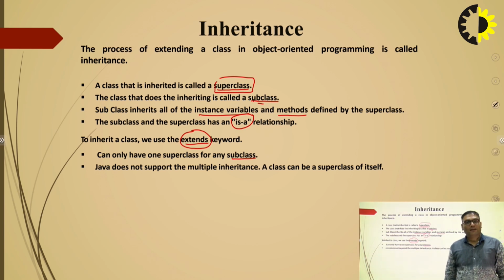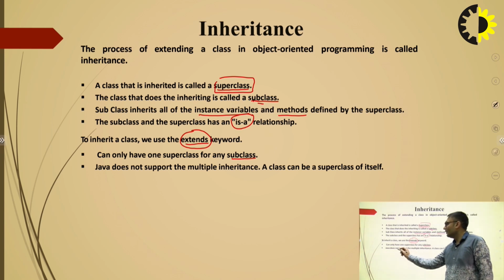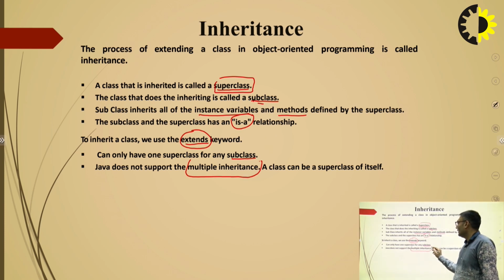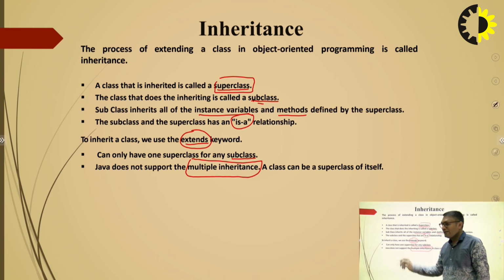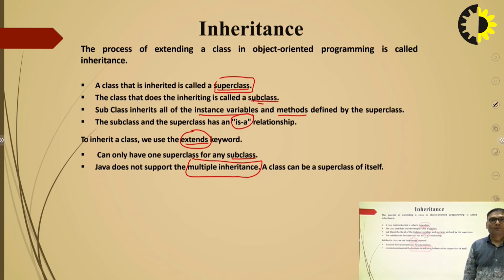In other programming languages, inheritance has many types, in which multiple inheritance is a type that is not supported in Java, but it is supported in other programming languages.